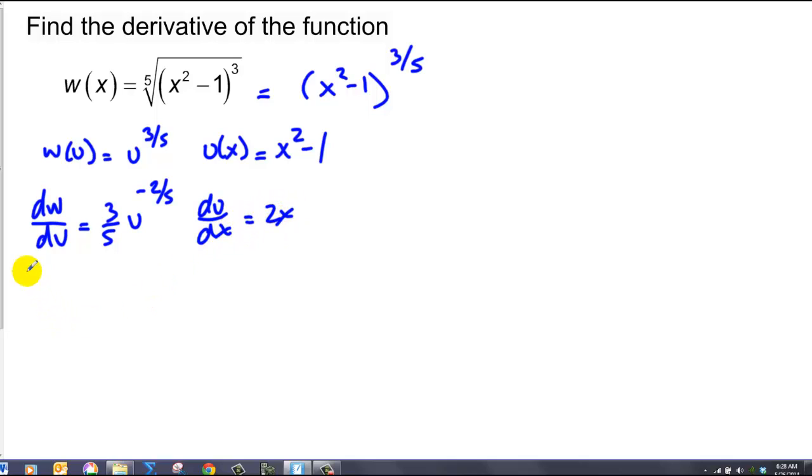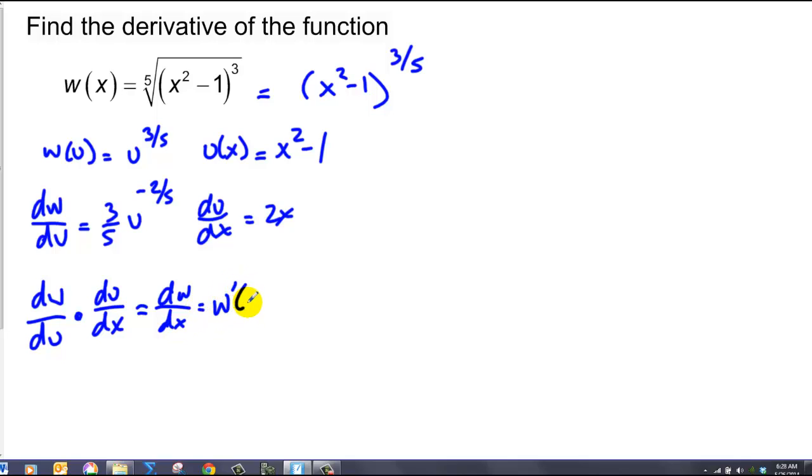So dw du times du dx equals dw dx, or w prime of x, which is 3 over 5 u to the negative 2/5 multiplied by 2x.